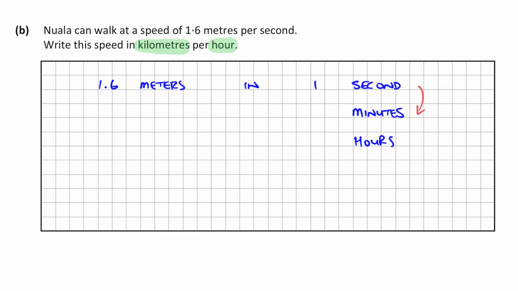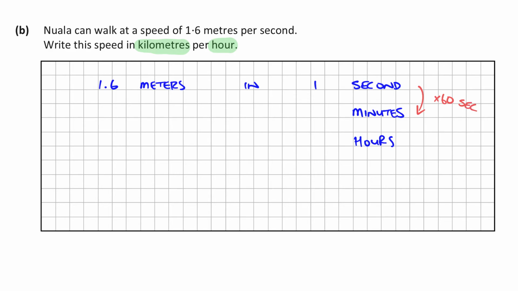Okay, so to convert it to minutes, I need to times it by 60, because there's 60 seconds in a minute. So if she can walk 1.6 meters in 1 second, obviously she can walk a lot more in 60 seconds.